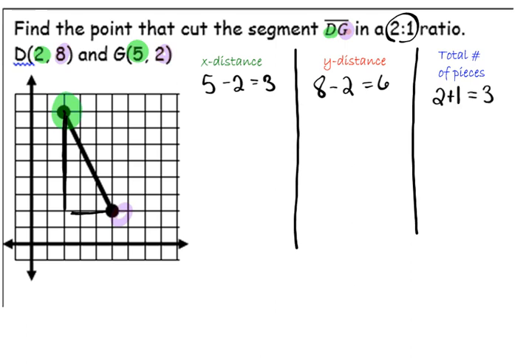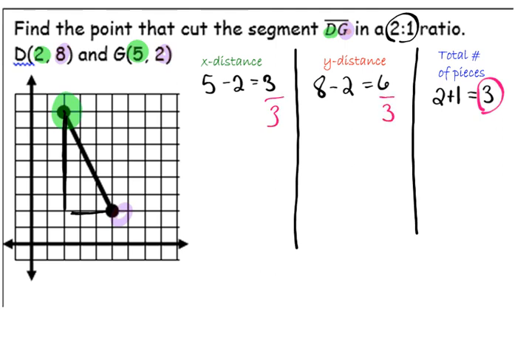I need my line going up and down cut into 3 equal parts, and I need my line going left and right along the bottom cut into 3 equal parts. So in order to find how many units I need for each part, I need to divide each of my distances by this number 3. So I'm going to divide 3 by 3, and I'm going to divide 6 by 3.